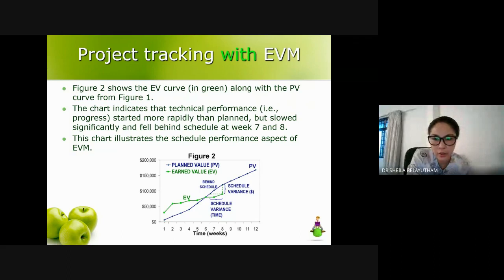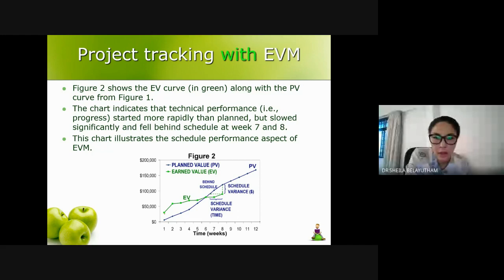From week 1 to week 6, your activity is ahead of your planned value. This is what has been planned for those activities.